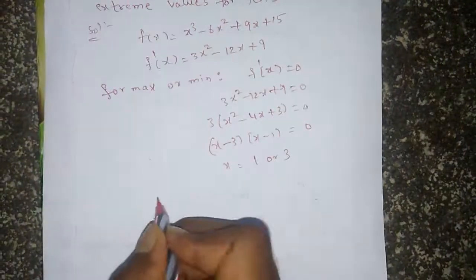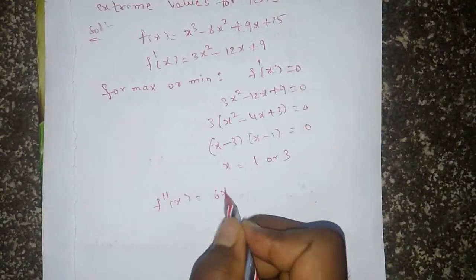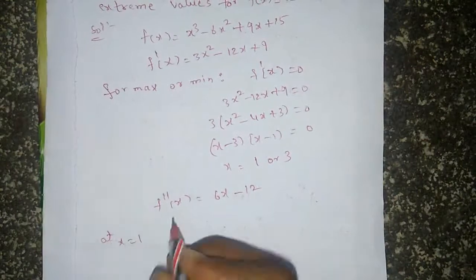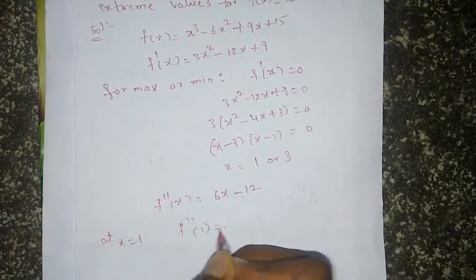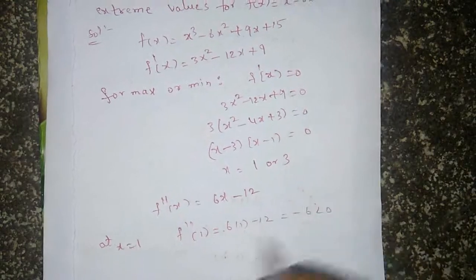So next find f double dash of x, second derivative, that is 3x square, 3 into 2x is 6x minus 12. Now at x is equal to 1, f double dash of 1 is equal to 6 into 1 minus 12, 6 minus 12 is minus 6, less than 0.